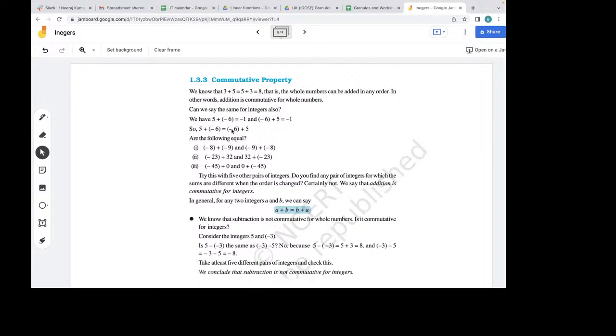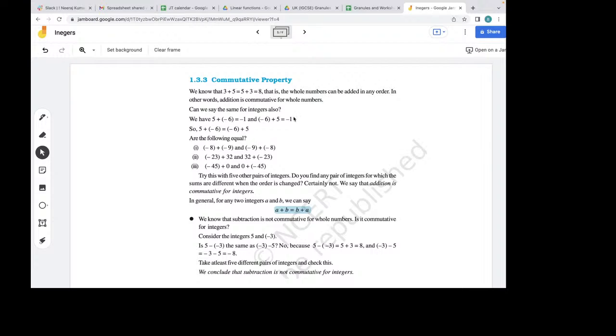Okay, so let's figure out, is it the same for integers as well? Let's take this example. 5 plus minus 6 is equal to minus 1, and minus 6 plus 5 is also equal to minus 1. So they have added them in a different order, and it didn't change the answer.